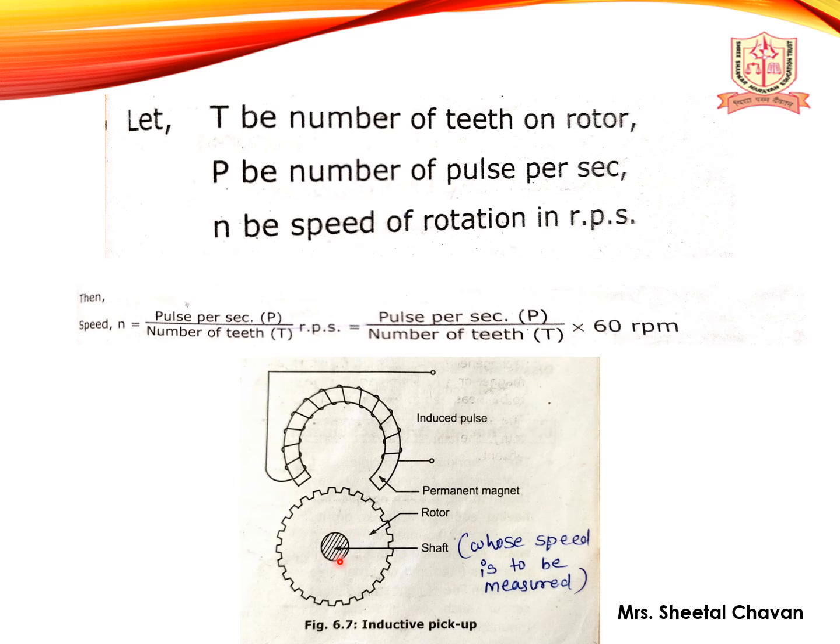This is the shaft, this is the rotor, and this is the permanent magnet which is wound with the coil. Now how to calculate the speed? Here T is the number of teeth on the rotor, P is the number of pulses per second, and N is the speed of rotation. Speed can be calculated as pulses per second divided by number of teeth.